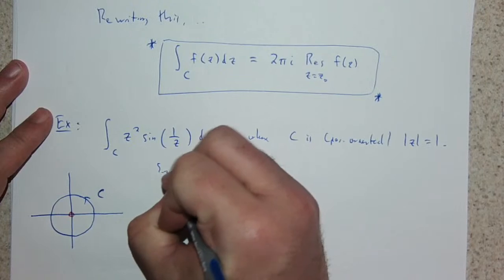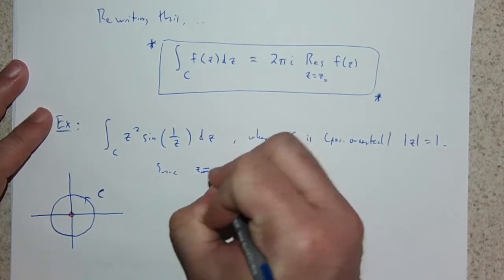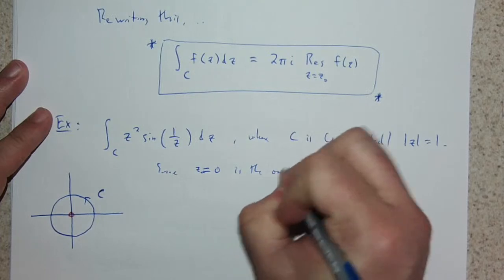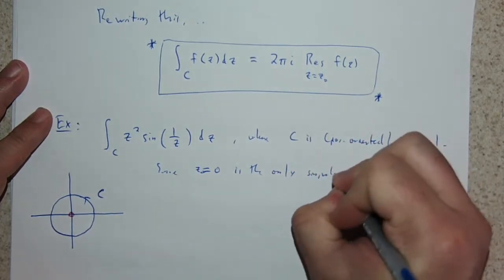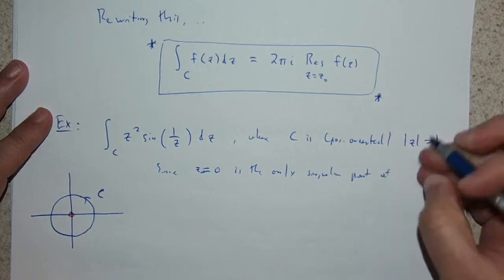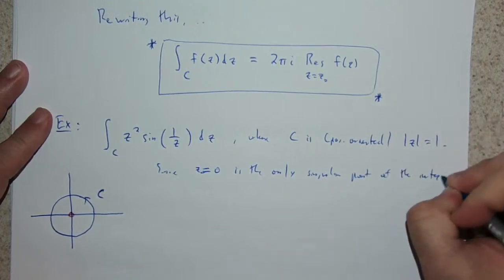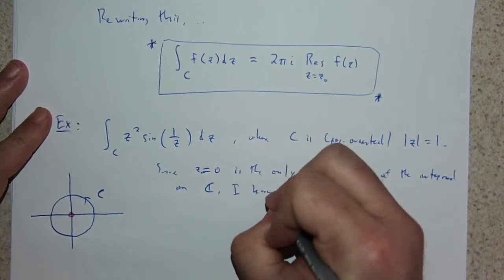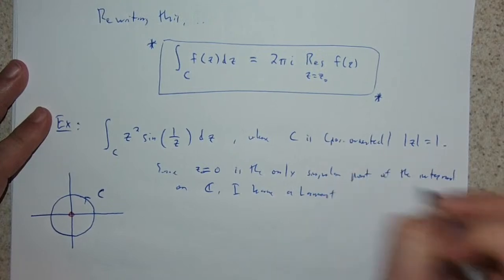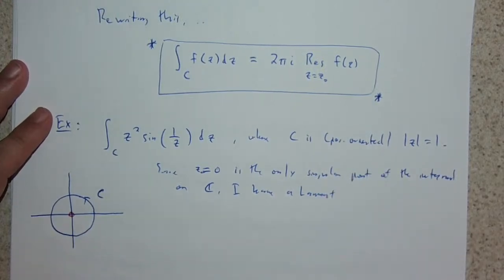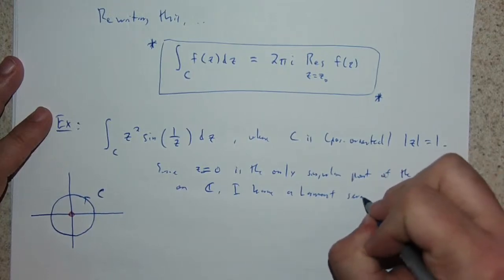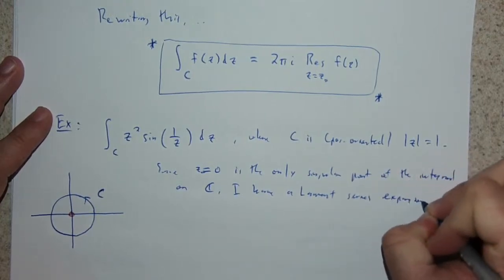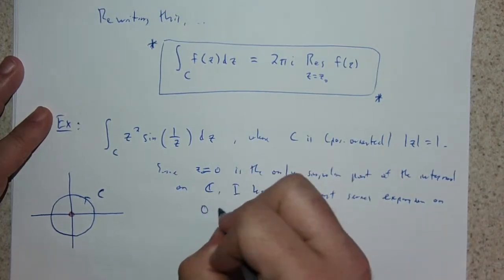So since z equals 0 is the only singular point of the integrand on the entire complex plane, I have a Laurent series expansion on just the punctured plane, the deleted plane at z equals 0. So just removing the origin from the complex plane, I have a Laurent series expansion there.